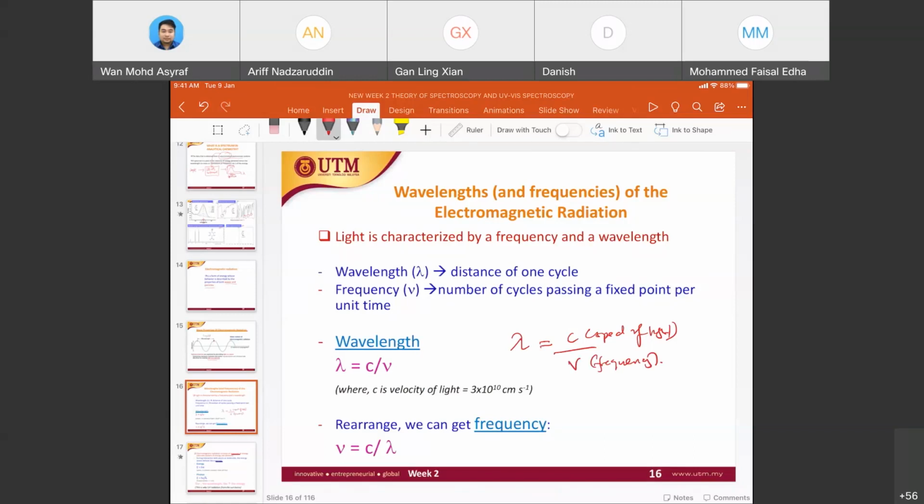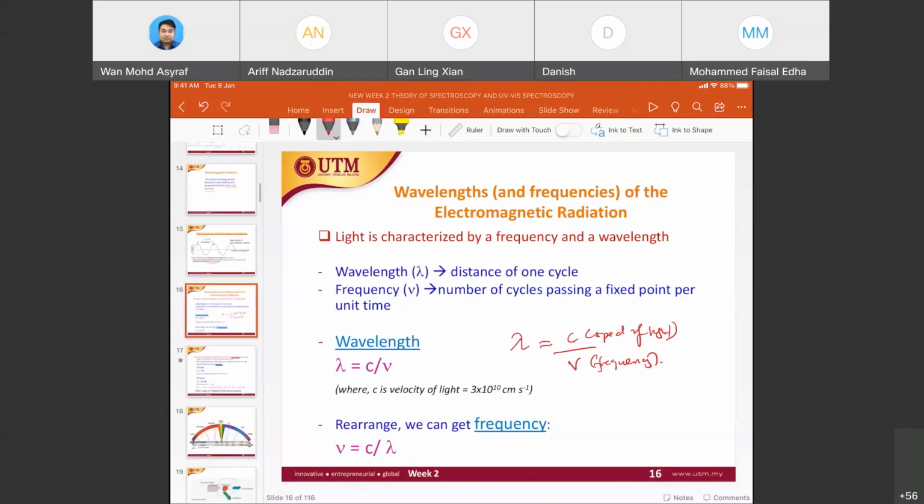If we want to know the wavelength, it is speed of light divided by frequency, and we can rearrange it to get frequency as speed of light divided by wavelength. This is just another formula for you to calculate later.